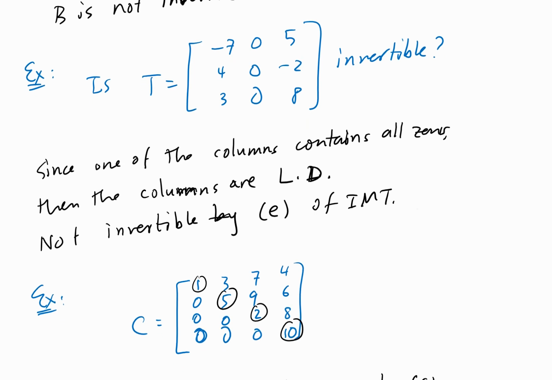Similarly, how about this? Is this invertible? You need to go back to the parts of the theorem from A to L. Which one applies to this, if it's linearly dependent or if it's invertible or not?